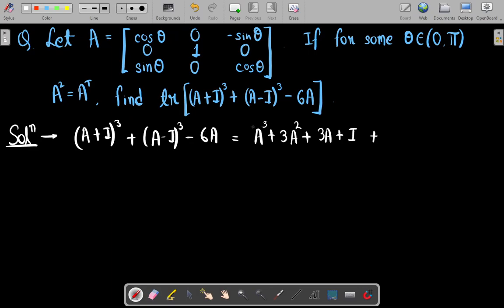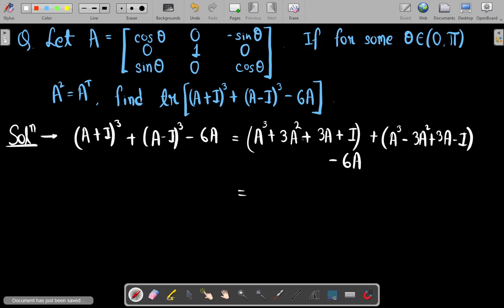Then the second term is (A minus I) whole cube. So we have A cube, and the signs will alternate between plus and minus, so A cube minus 3A square plus 3A minus I, and then minus 6A. On simplifying, we see that this 3A square and this 3A square will cancel, and this plus I and this minus I will cancel.